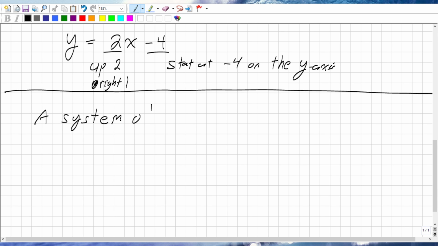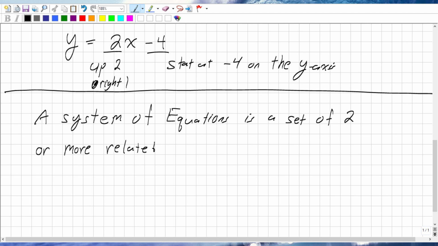A system of equations is a set of two or more related equations.